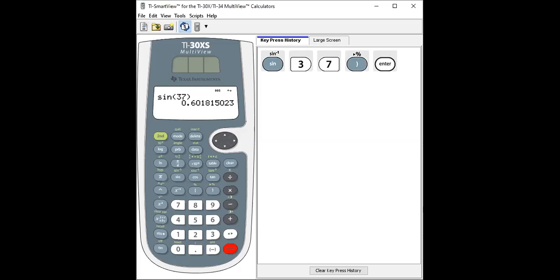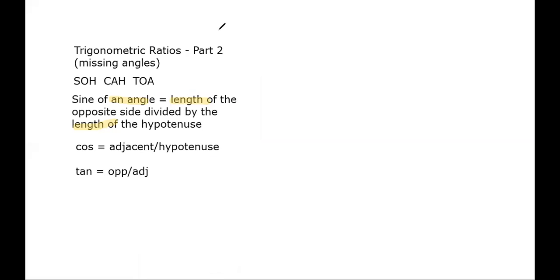Now, in this lesson, we're going to do this backward. We're going to put this whole thing in reverse. For instance, if I know that the tangent of some angle equals 0.84, how will I find x?